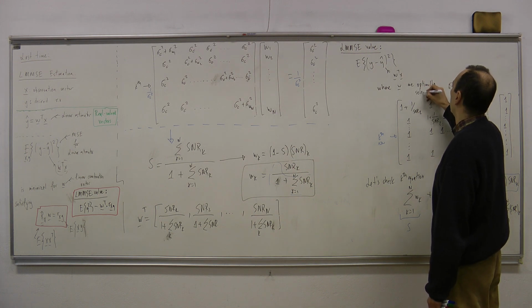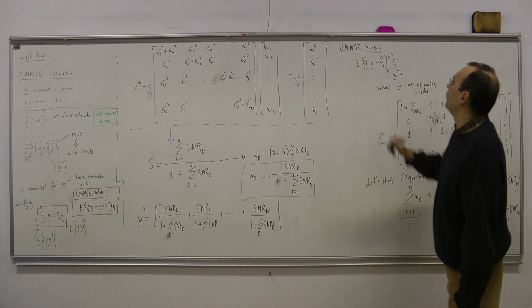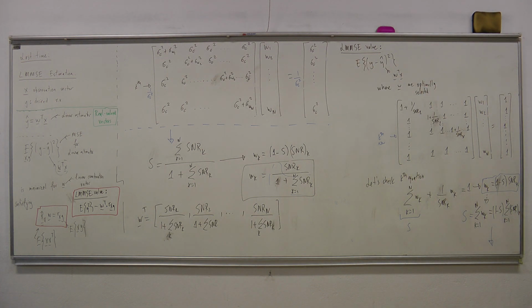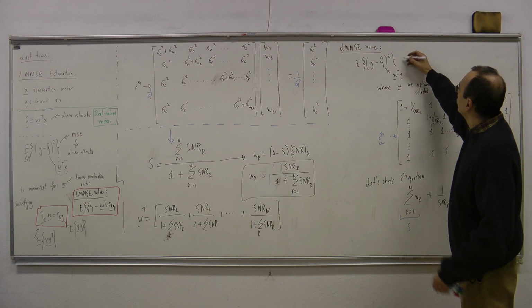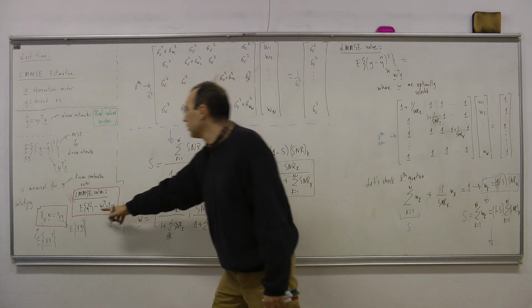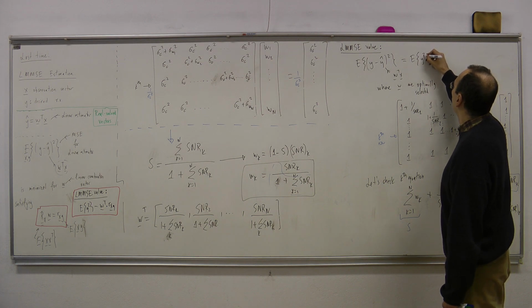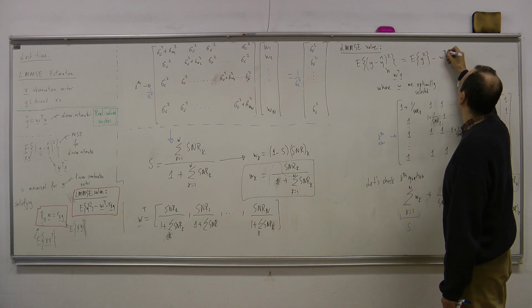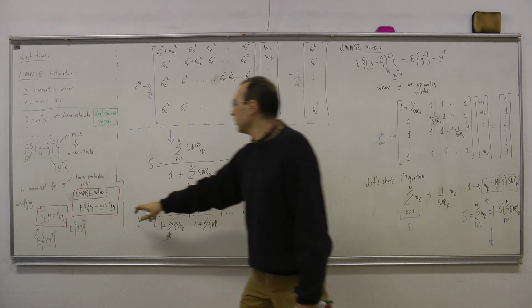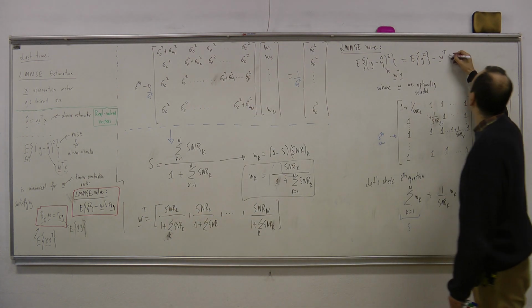I think it is clear. So this is the minimum value for the linear mean square error estimation problem. This comes directly from here. Let me write it one more time: the expected value of y squared minus this times RXY.